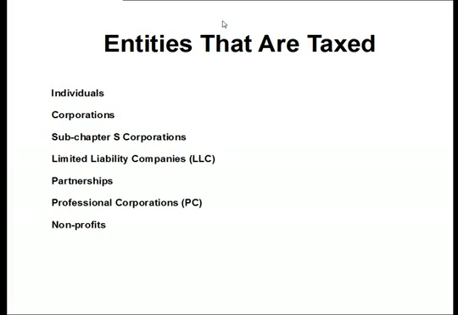A Subchapter S corporation is also nice because it's what we call a pass-through entity. A C corp has this double taxation thing that goes on. So basically, a C corporation, the corporation pays corporate income tax on the profits, and then the shareholders have to pay taxes on their dividends as well. So there's a double taxation on the same piece of revenue.